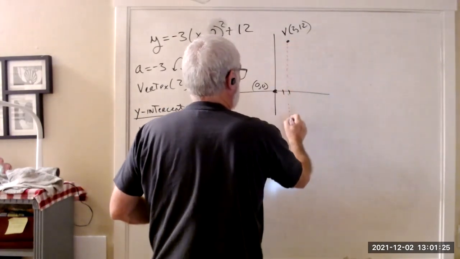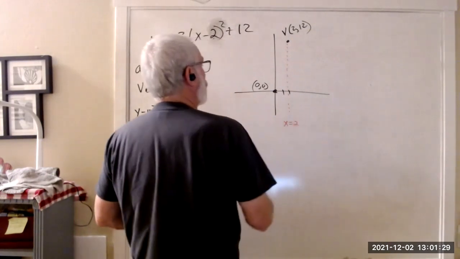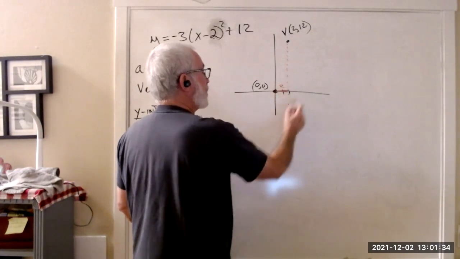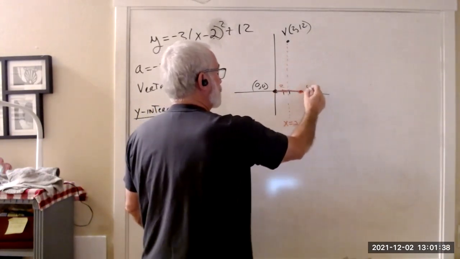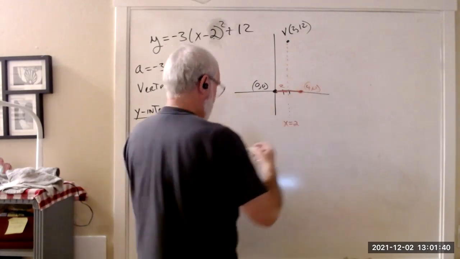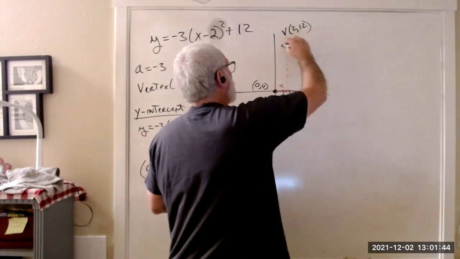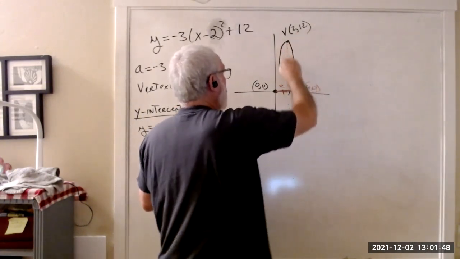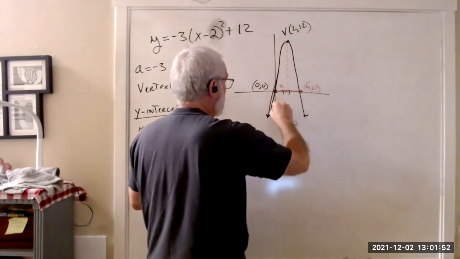It's a dotted line. Its equation is x equals 2. So I can see that I have 2 units here. So I'm going to go over the same number of units. So this would be 4, 0. And now I can make a really accurate graph quite quickly. Whoops, that's too sloppy.